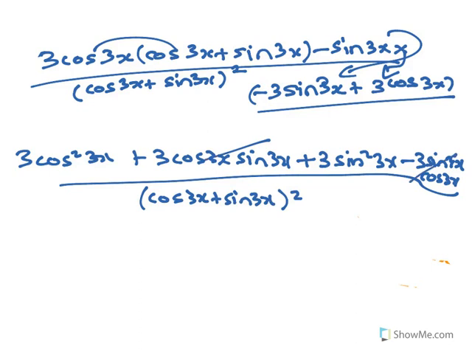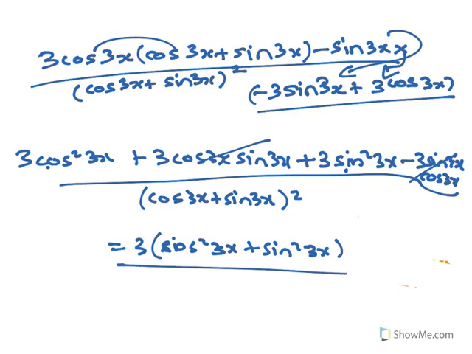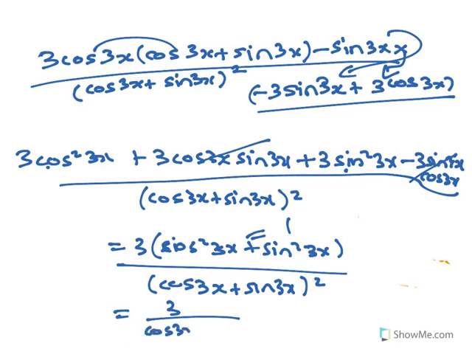So they cancel out, and the 3 cos squared plus 3 sine squared is 3 times cos squared plus sine squared, which is 1. So it's going to be 3 over cos 3x plus sine 3x, all squared.